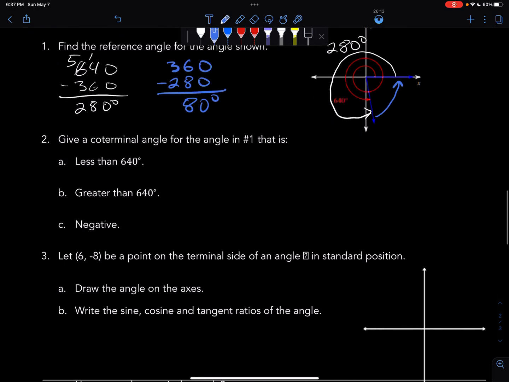Moving on to number 2, we want to give a coterminal angle for the angle in number 1 that is less than 640 degrees.